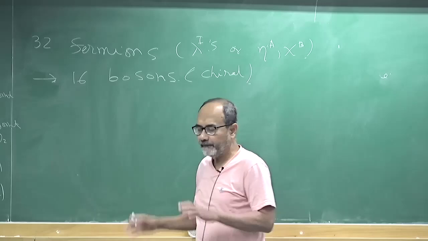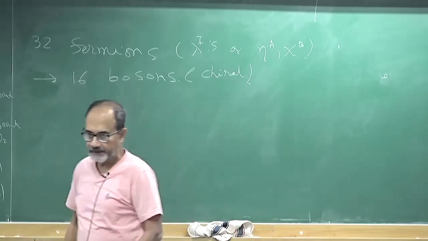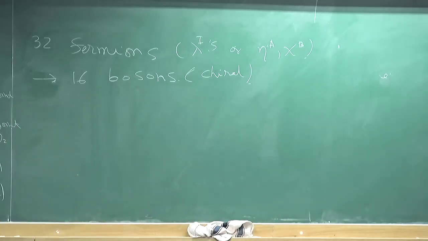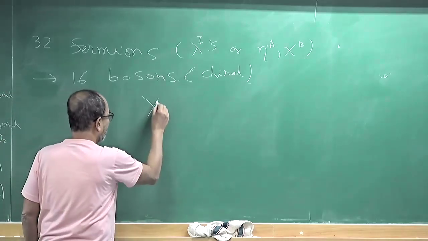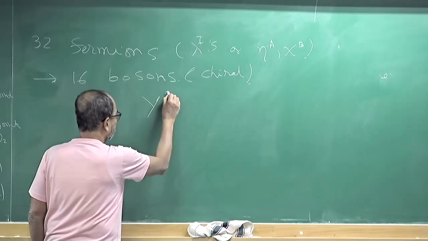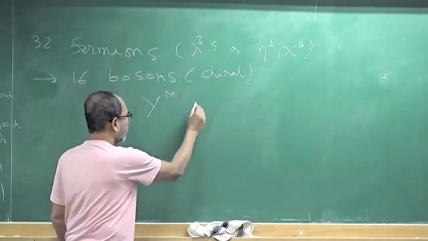Okay. So let me first tell you the easy part of this. The easy part is that when I mean by chiral boson, the oscillator part is like ordinary bosons. So 16 bosons, let me call this Y^M, M runs from 1 to 16.